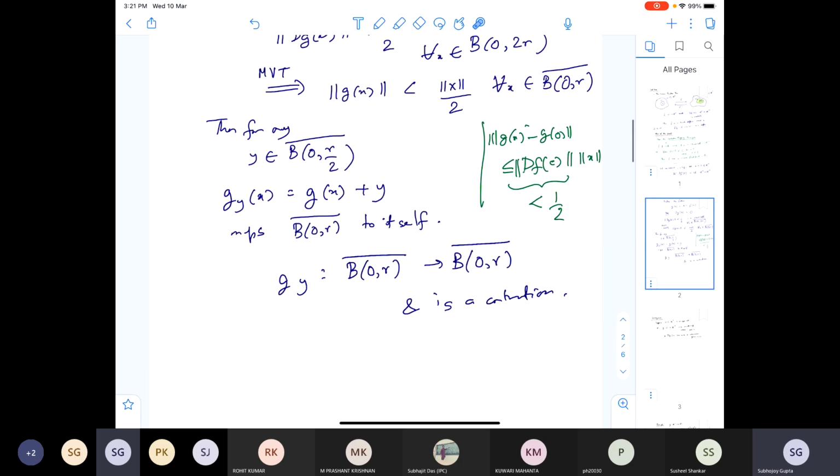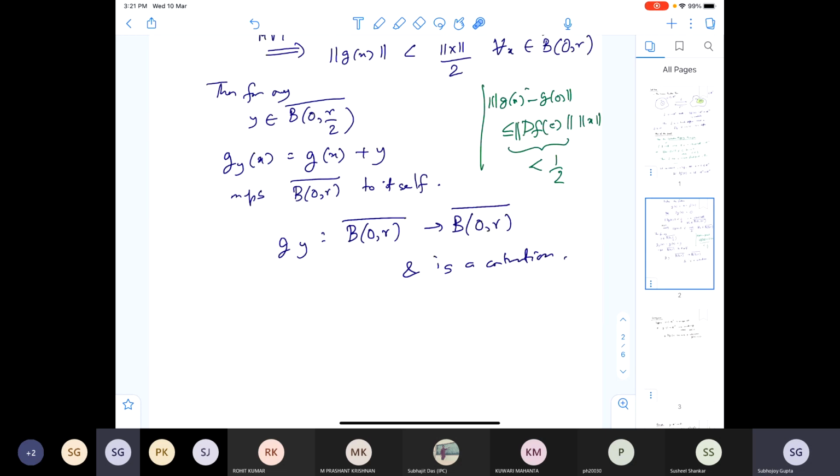So this is a contraction, and the contraction mapping theorem tells you that this g_y has a fixed point. So there exists some x naught in the closed ball B(0, R).